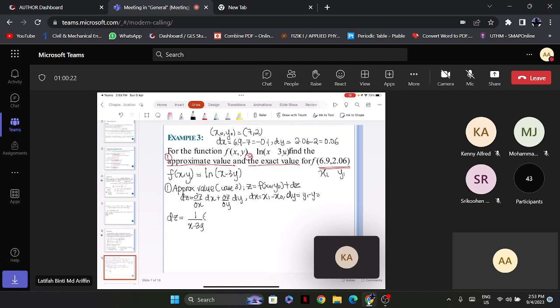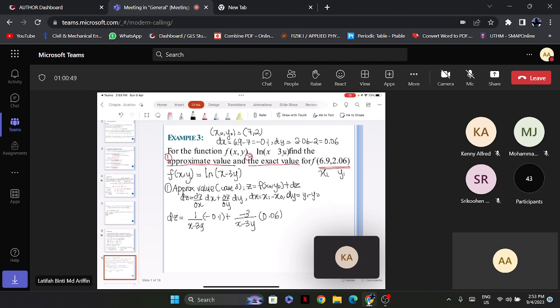So this is multiplied by negative 0.1, plus del z over del y, which is minus 3 over (x minus 3y), multiplied by 0.06. Next we substitute the values of x and y from the original point.